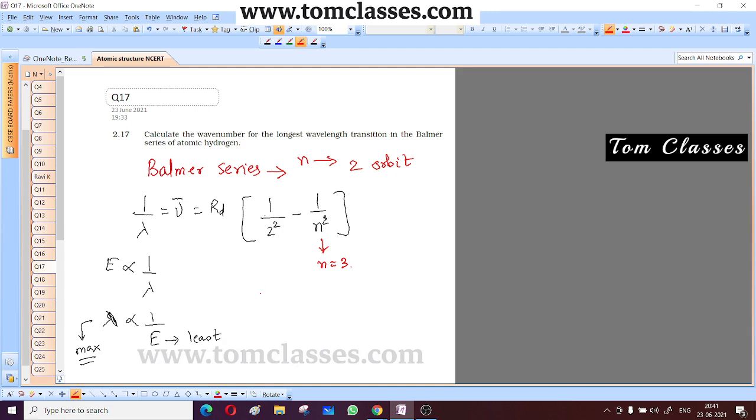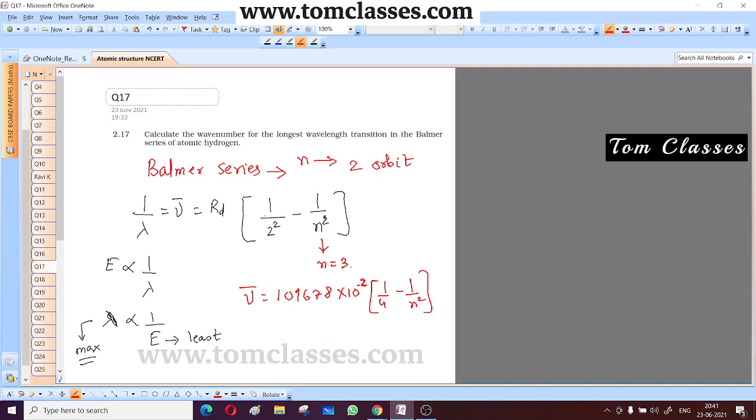Yes, sir. Okay, so the wave number, now we can calculate it. It is going to be the Rydberg constant, that is 109678 something, centimeter inverse, right, into 10 to power minus 2 meter, right? This is 1 by 4 minus 1 upon n square, right?